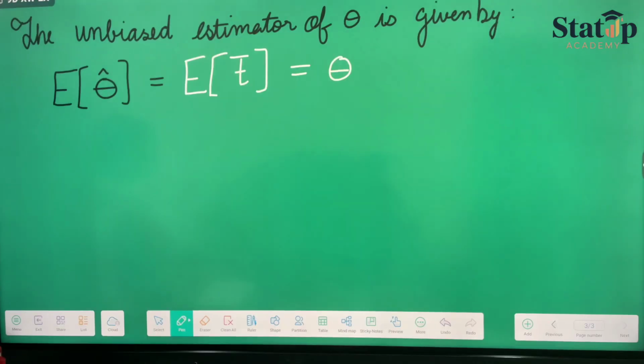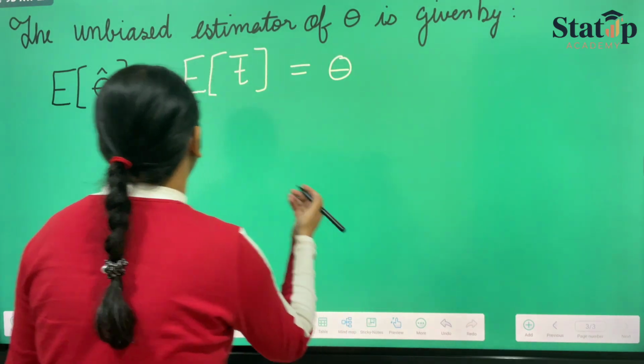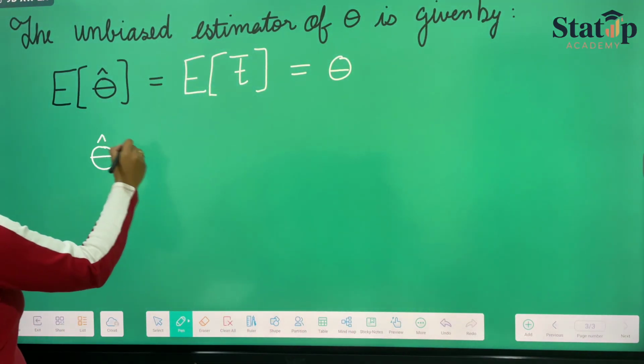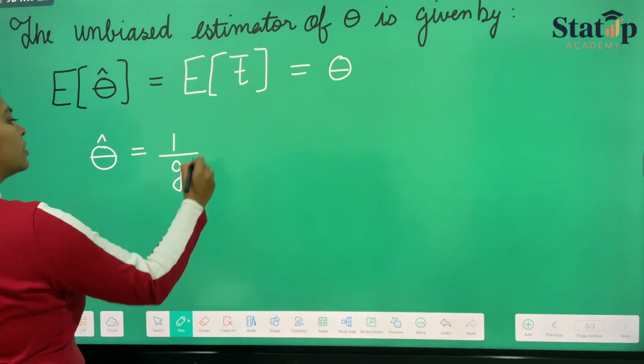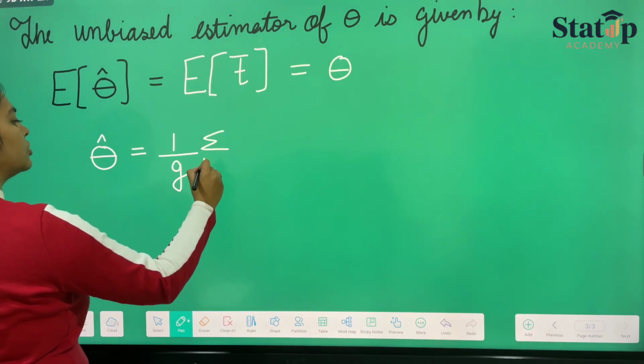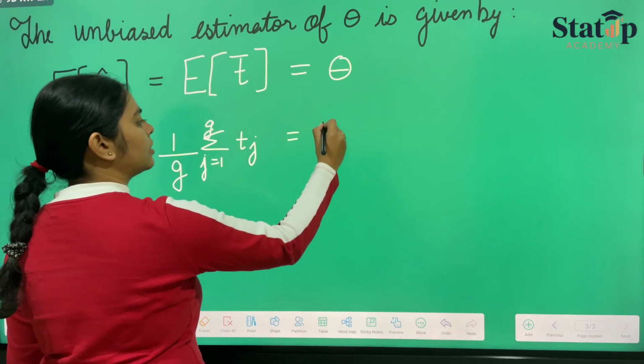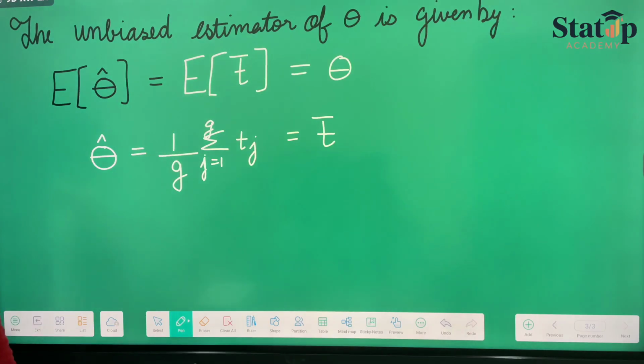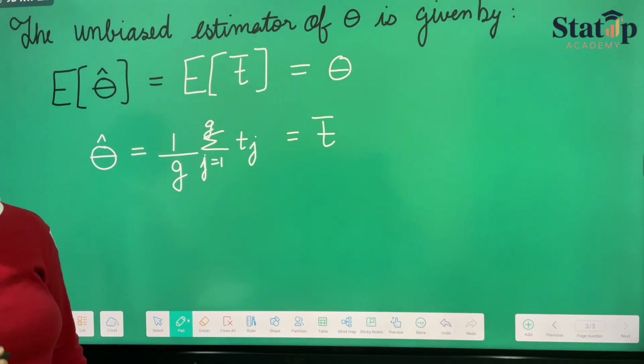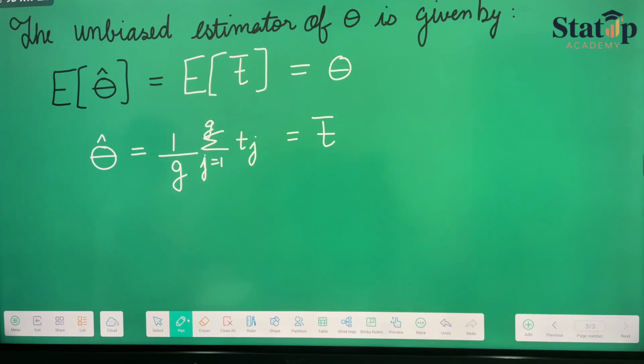So hence T bar is an unbiased estimator of theta. Theta cap is nothing but 1 upon g summation j goes from 1 to g Tj, which is nothing but T bar. So from here we can derive that expectation of theta cap is nothing but equal to expectation of T bar, which is equal to theta. This is what our estimators look like.